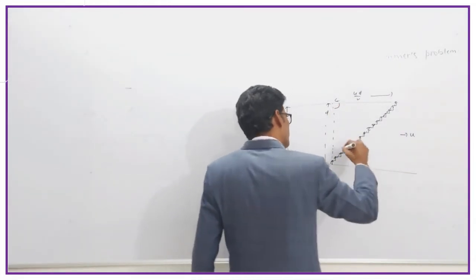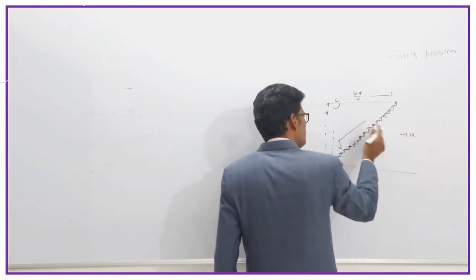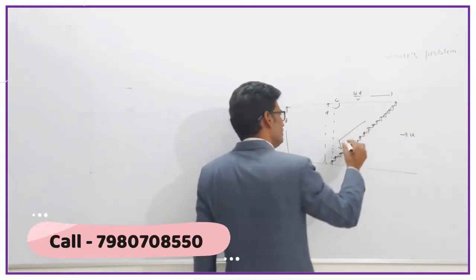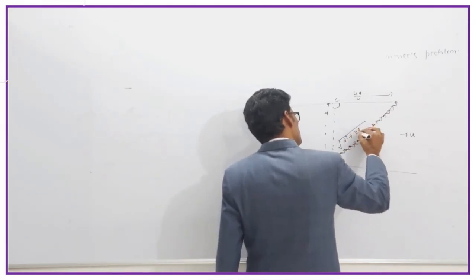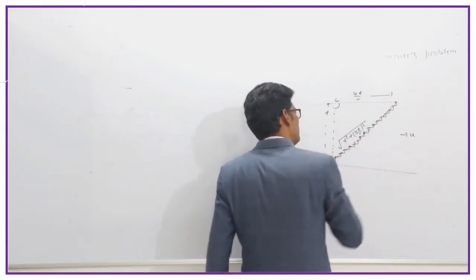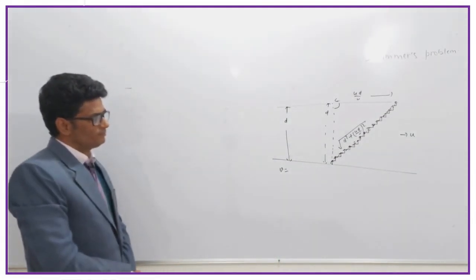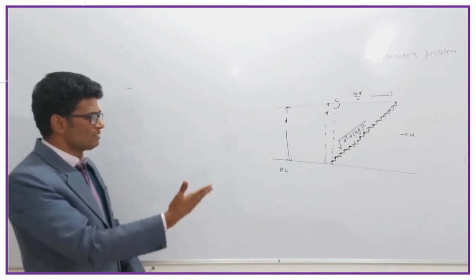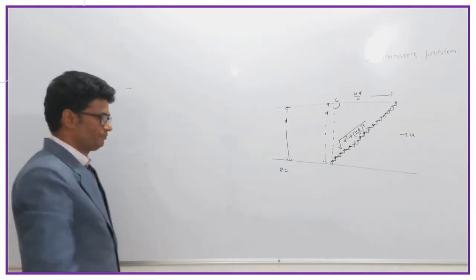So the path length, supposing a straight line here, using the Pythagoras theorem comes out to be the square root of d square plus ud over v whole square. This is the shown path and the distance covered. You may find it quite easily.